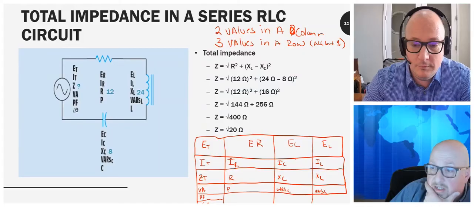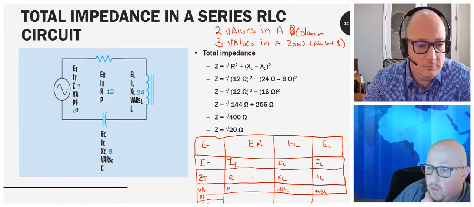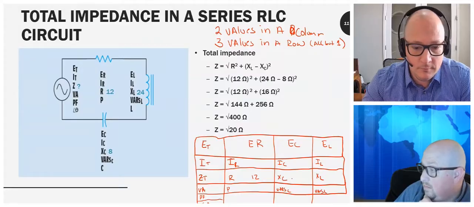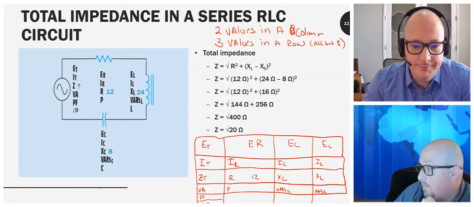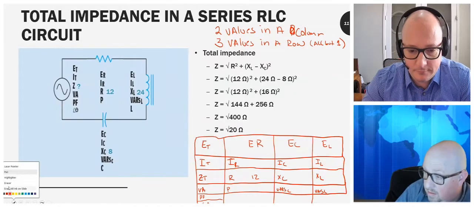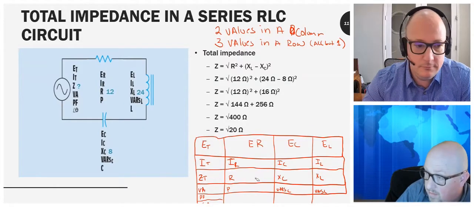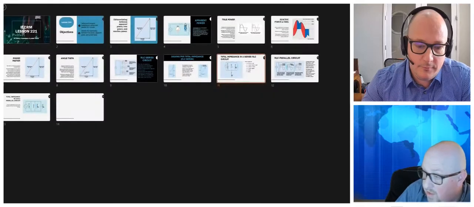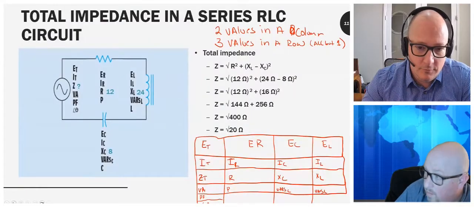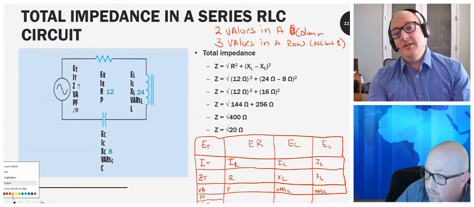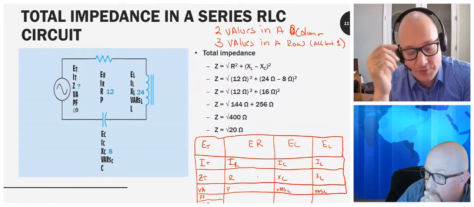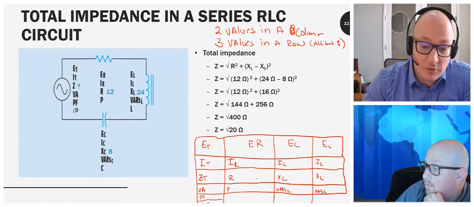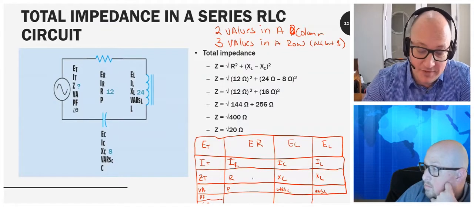Okay, so in this example, let's just use the math that they already have up. If I have resistance of 12, I have X of L is 24. It's already solved on there, so we'll have to give it an applied voltage to solve for the rest of it.